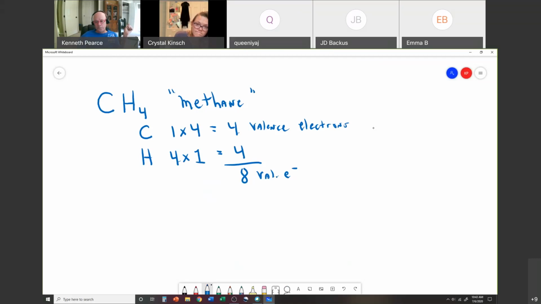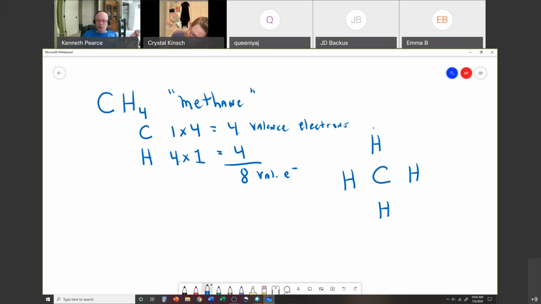Okay. So carbon is the one by itself, so we're going to put carbon in the middle. We're going to put hydrogen all the way around. North, east, south, west. We're going to make a bond. What's a bond?